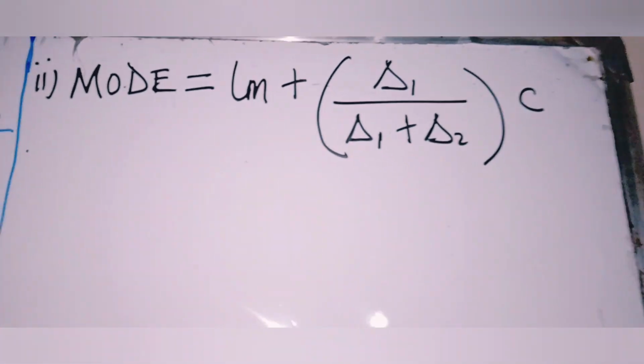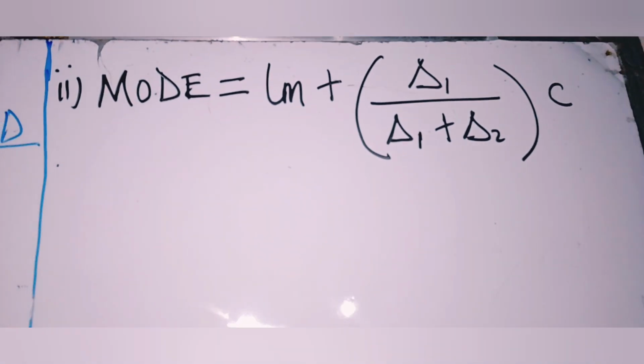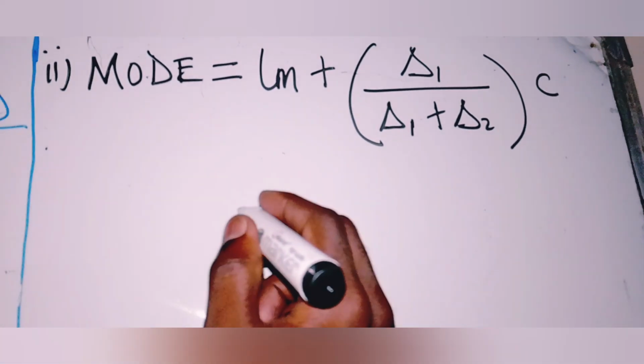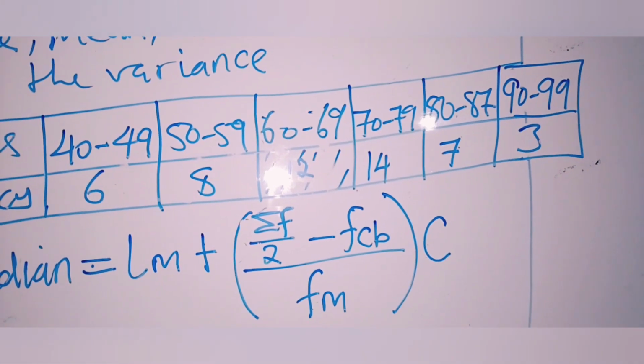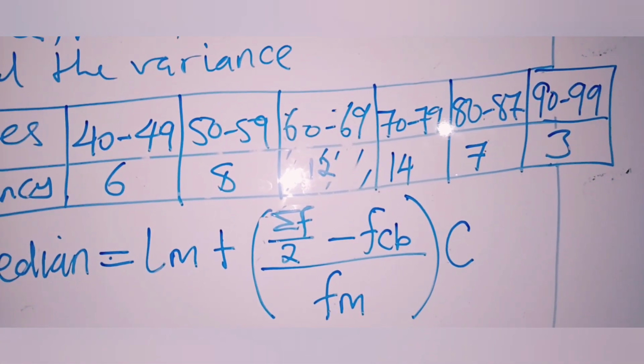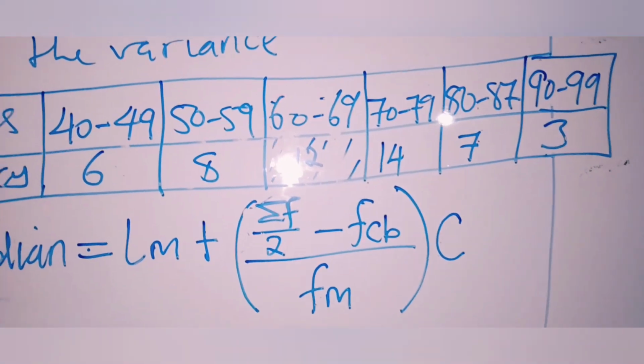So we move on to the mode. This will be equal to, so here you have got 12 as the median.